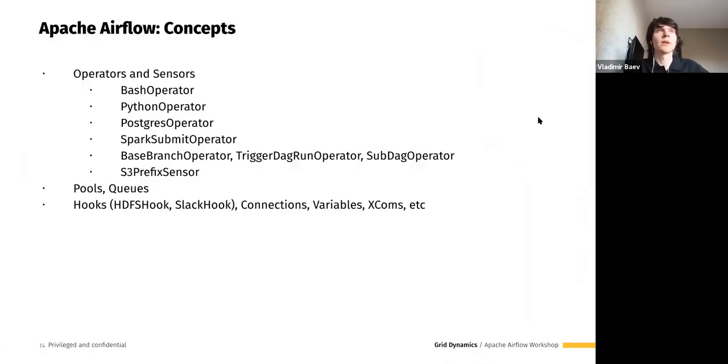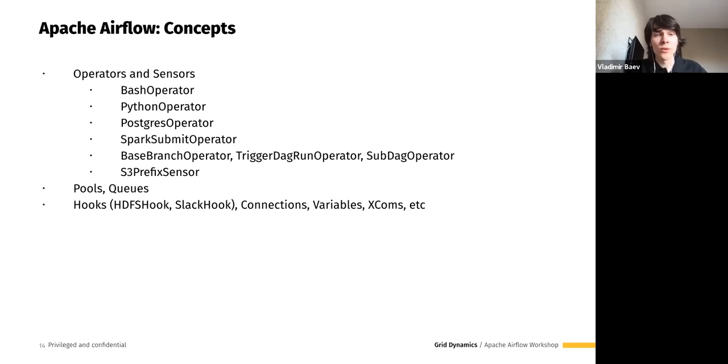Okay, then let me just briefly describe general concepts. As I mentioned before, there are a lot of operators which are also maintained by the community. And with operators, you can not just define what to do, but also define the structure of your DAG. I mean, you can use branching logic or even trigger one pipeline from another.